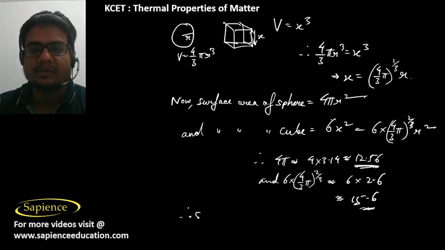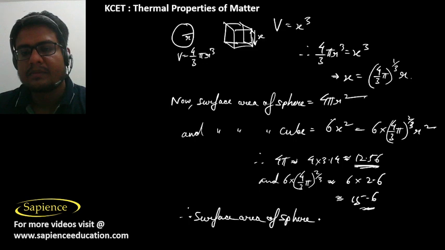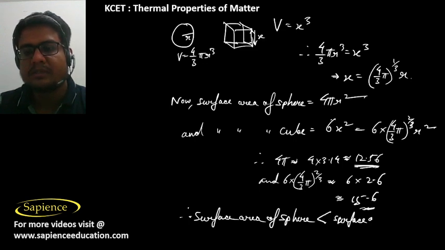So obviously the surface area of the sphere is less than the surface area of the cube if both have the same volume.